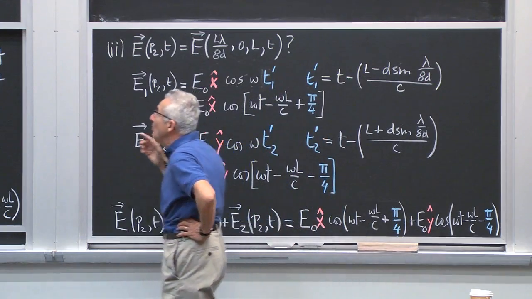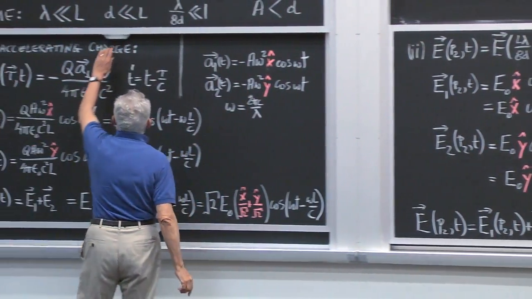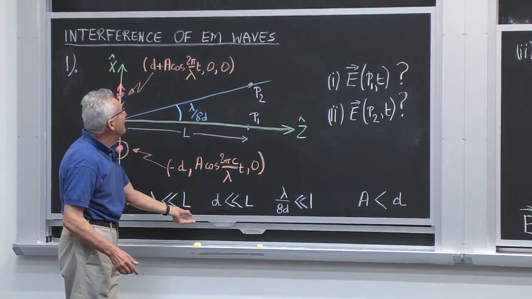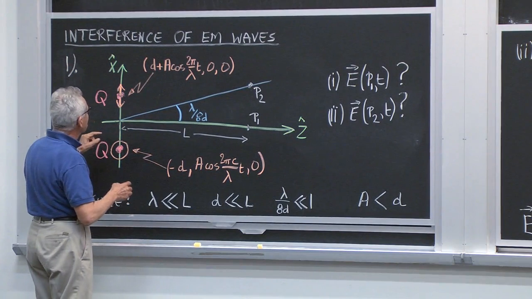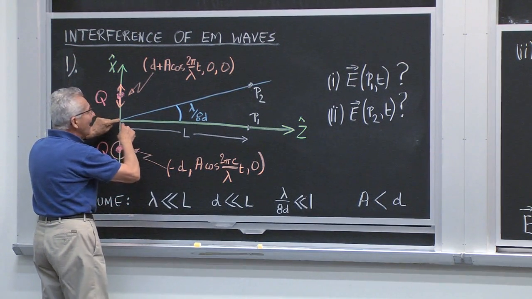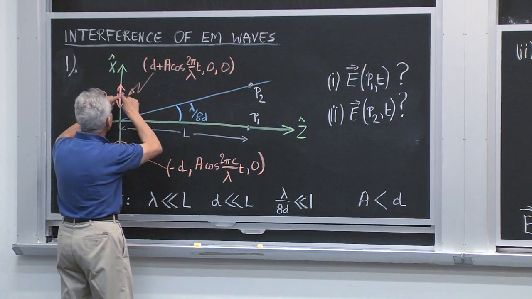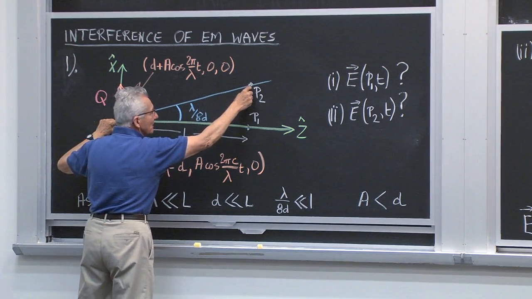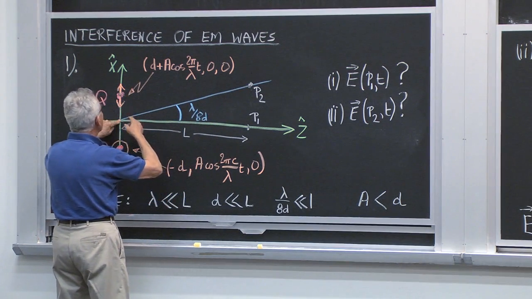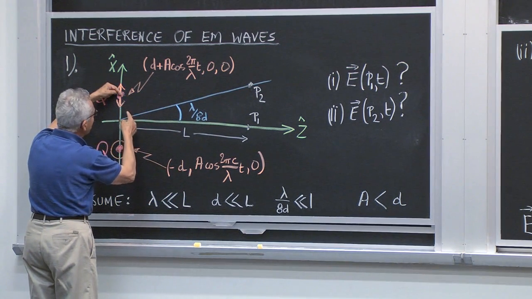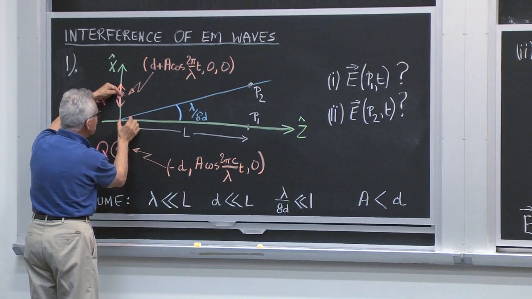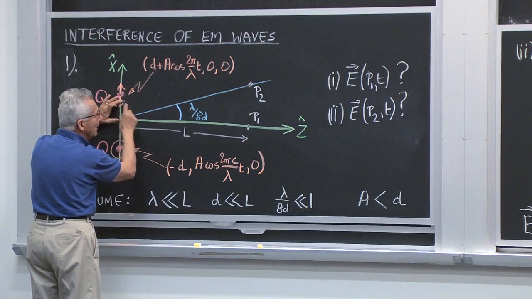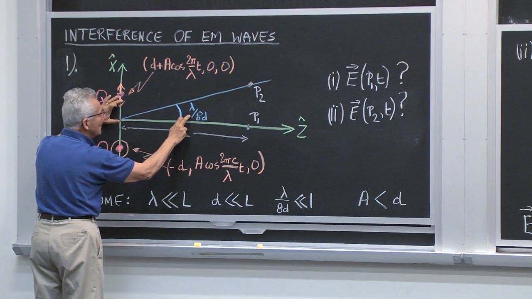For a second, let me go back to that picture, because this is easy. You can easily get confused. So I'm coming back here. What we're trying to calculate is the distance from here to here. So I'm taking this distance, which is L, and I'm subtracting from it this distance, which is d sine of this angle here, which is the same as this angle.